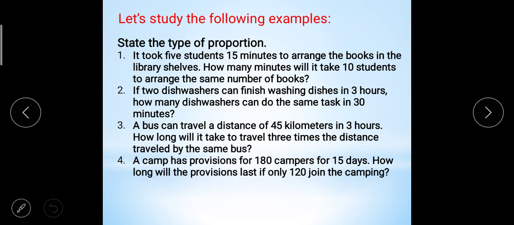Direct and inverse. Direct. Okay, paano mo nasabing direct?